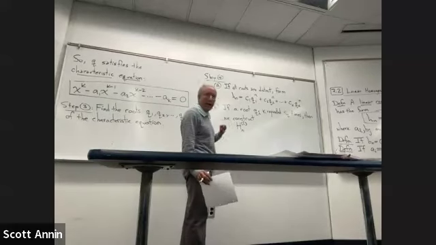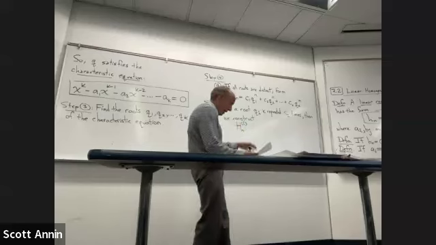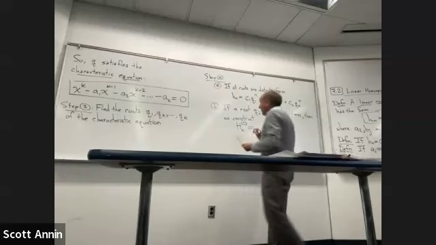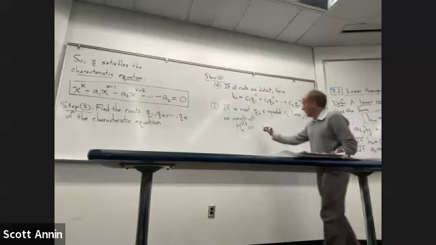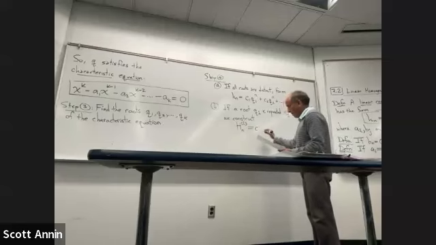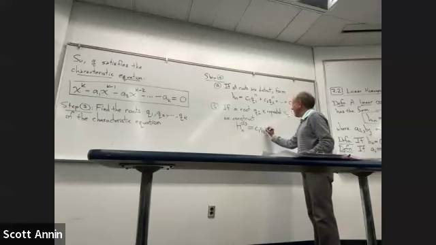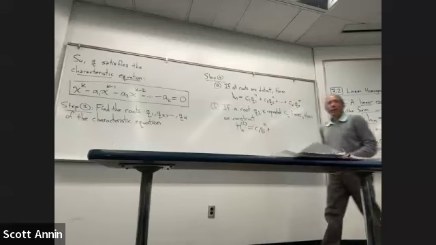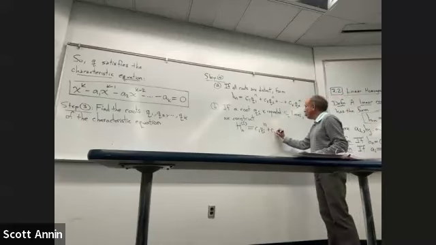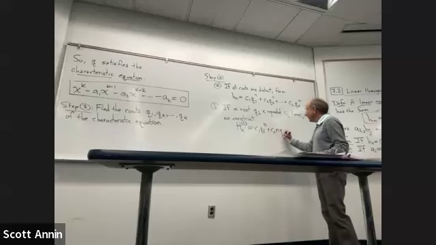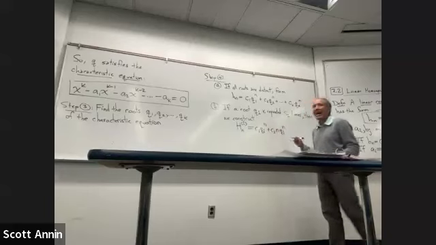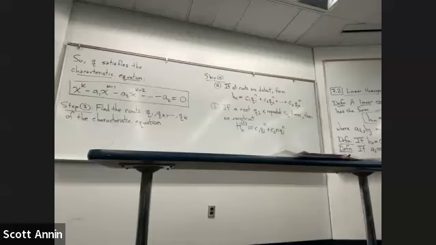For whichever root that is, I'm going to build something here. And what it's going to be equal to is C1 times q sub i to the n, plus C2 times n times q sub i to the n. So I'm stacking n's instead of x's, right?